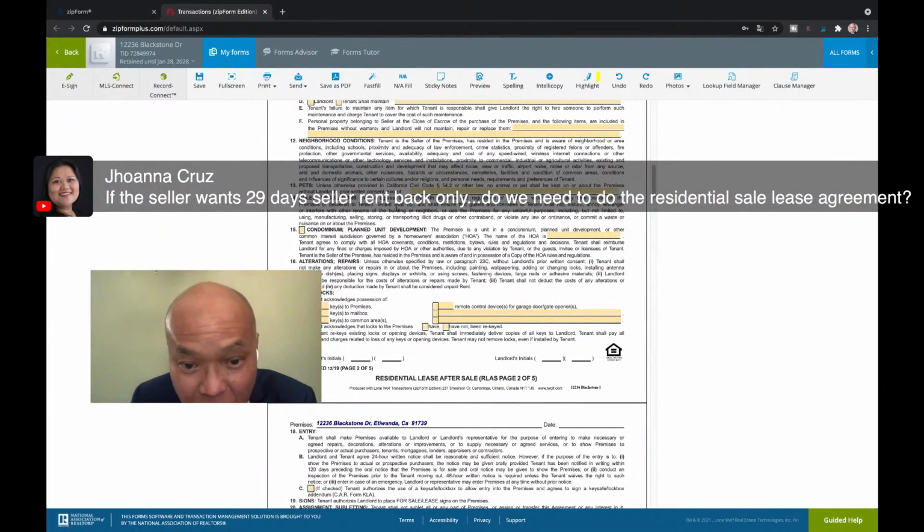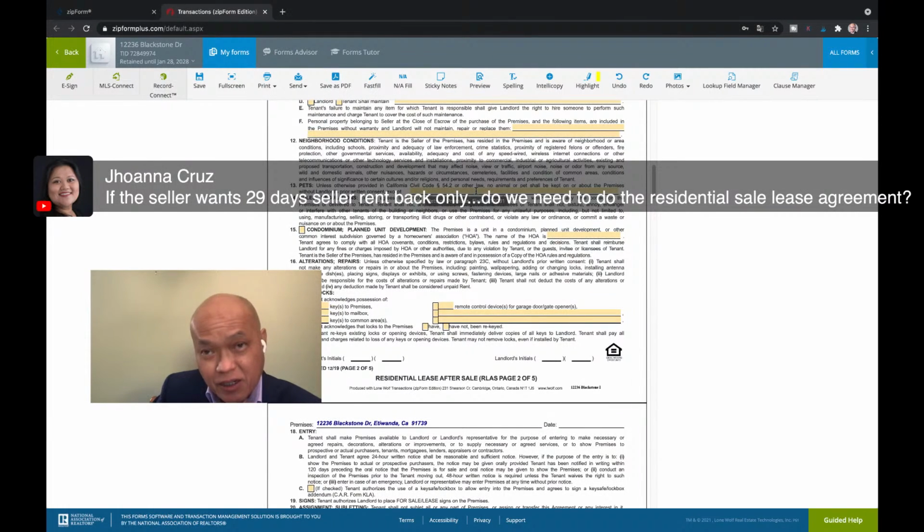Okay, now this number 13 is talking about no animal or pet shall be kept. So the standard, default provision is no pets allowed. But be careful if you have no pets allowed, because the seller is a tenant. You need to understand that if the seller is handicapped or has a disability and needs to have the pets, you need to allow the pets anyway.